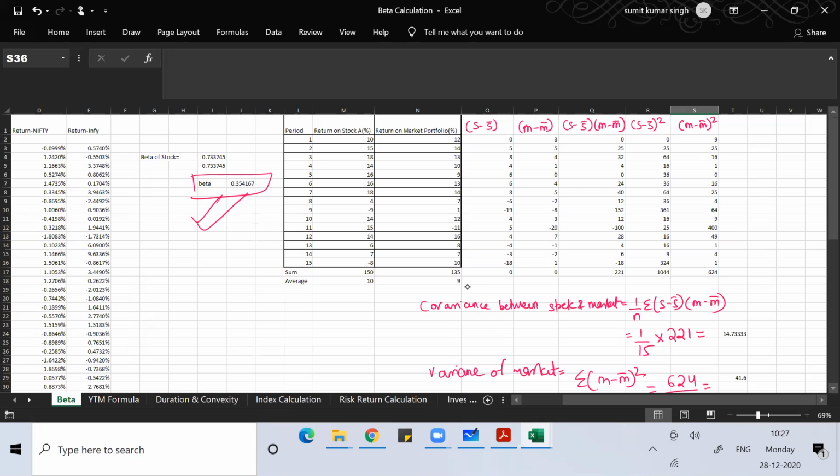Any doubt? Clear, everyone? If you use another formula also, you will get the same answer.